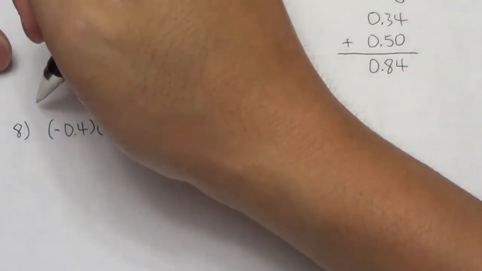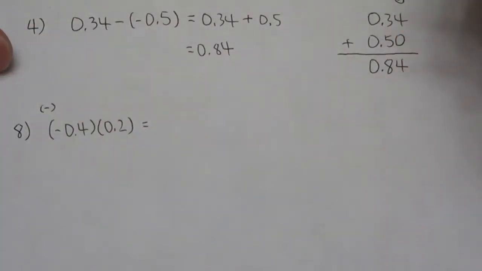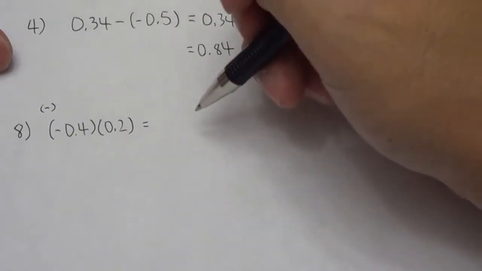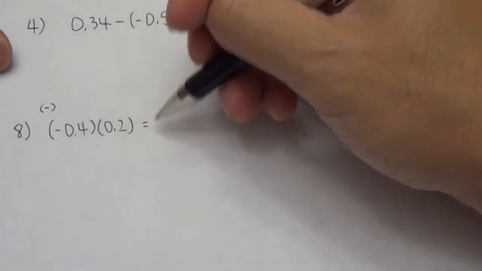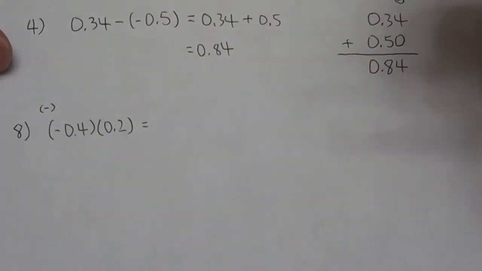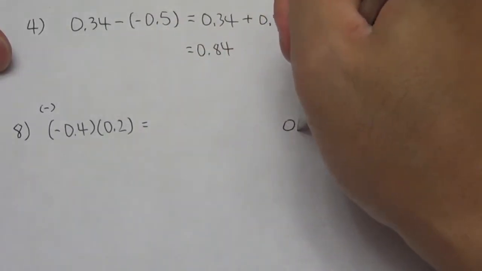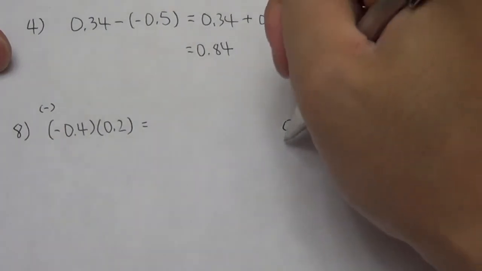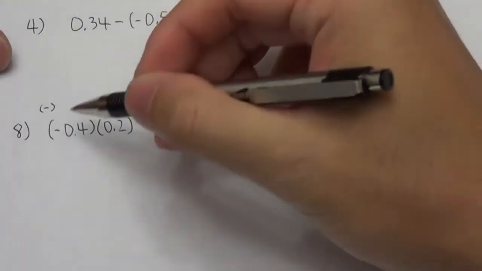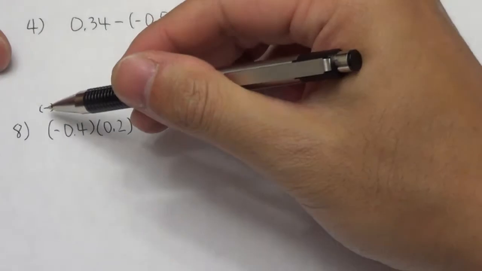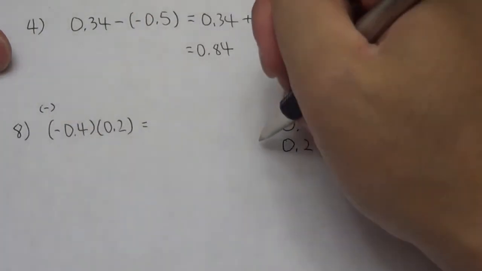So maybe I can just make a note that the answer should be negative. All right, so whatever I get, if it's a positive, I want to at least turn it into a negative number. All right, now to find this out, let's go ahead and work it out. 0.4, 0.2. I don't really need to write the sign because I know that the number will become negative.